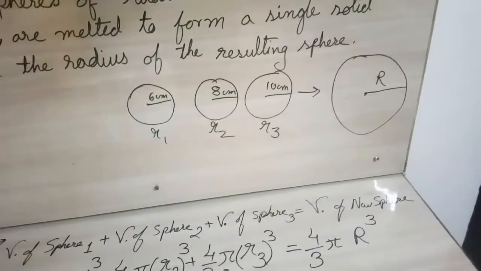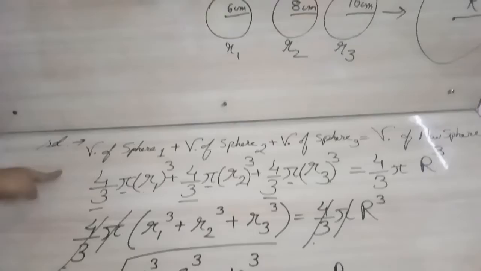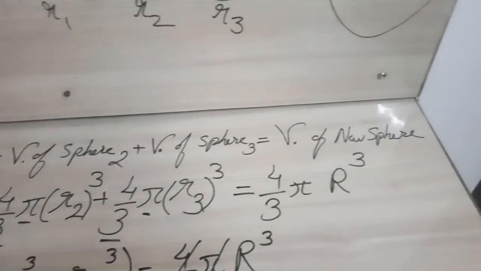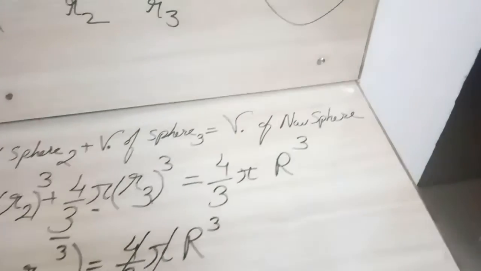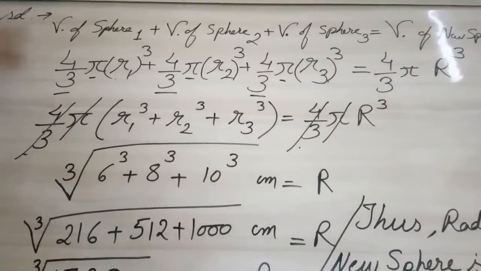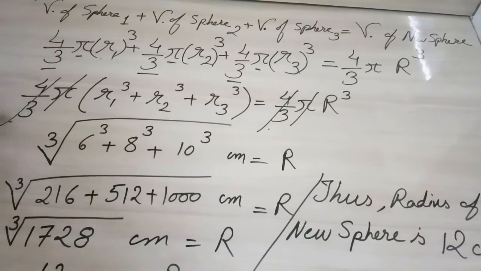Radius नहीं मालूम है तो we have taken it R. Then we have made a general equation, volume of sphere 1 plus volume of sphere 2 plus volume of sphere 3 is equals to volume of new sphere or resulting sphere. You will put the formulas, take common, maximum thing common लेंगे, cancel करेंगे and then you will solve.